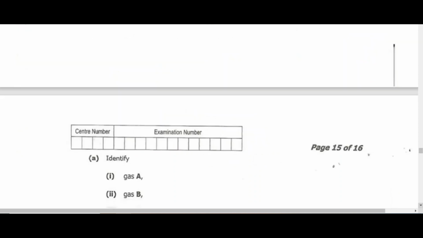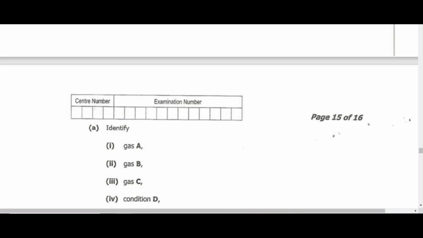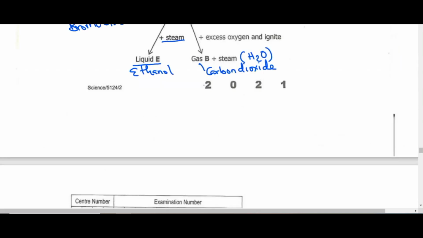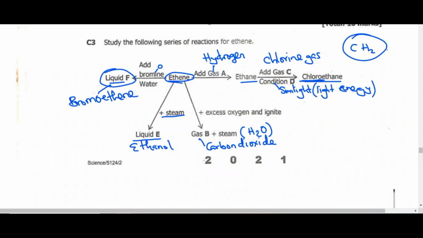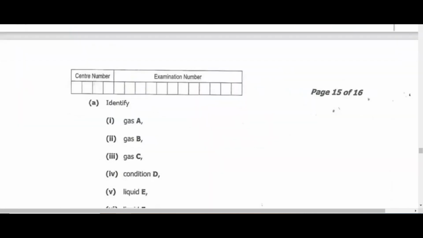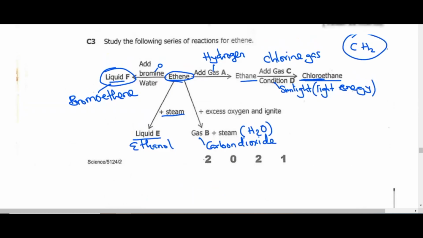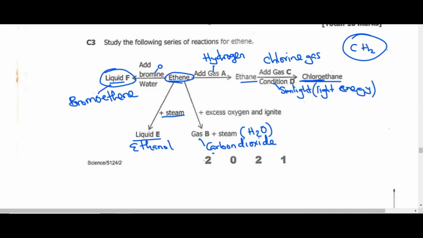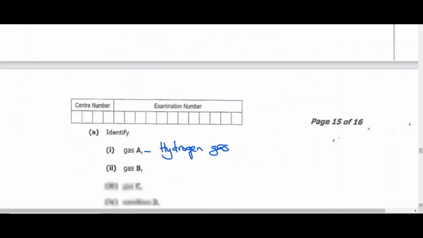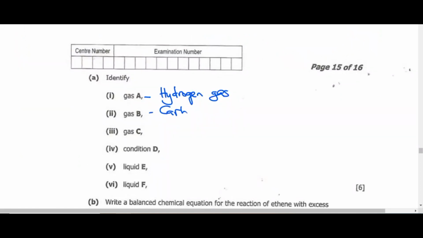Now let us go and answer the questions. Identify gas A. Where is gas A? Gas A is hydrogen gas. And then gas B. Where is gas B? Gas B is carbon dioxide.